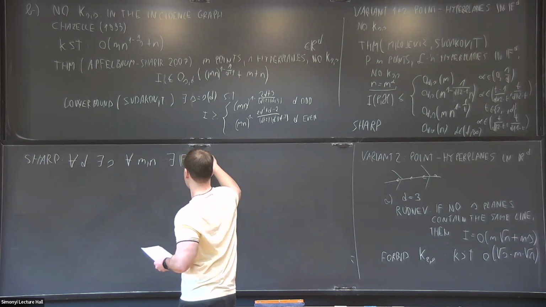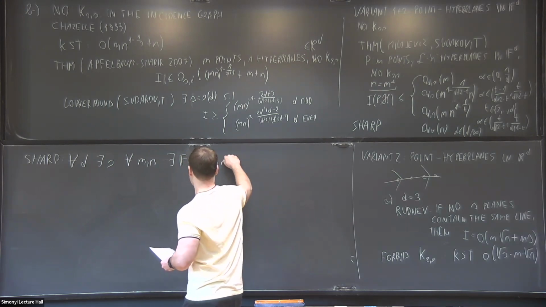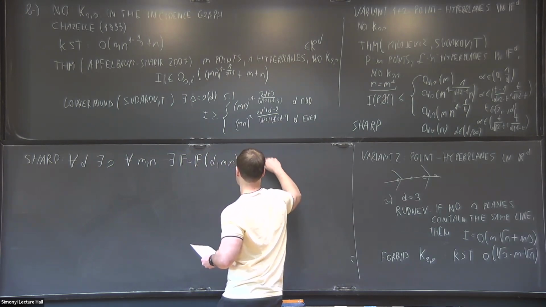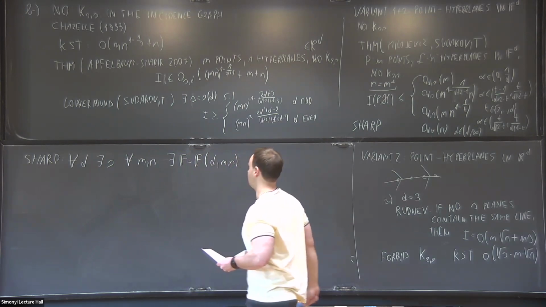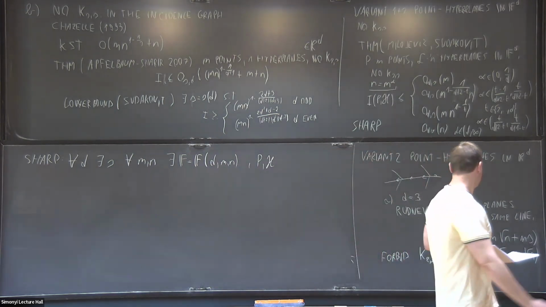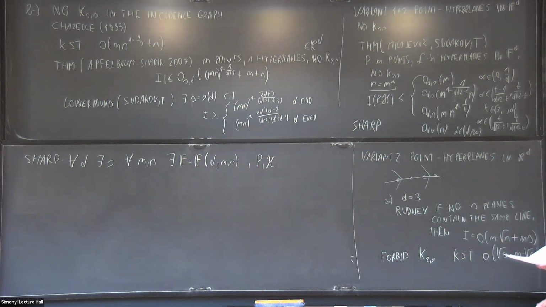So f will depend on the dimension and m and n, and there exists this point set and set of hyperplanes which achieves this bound. In some sense, this is the kind of easy answer for higher dimensions, but no, it's not that easy just to apply a curvature theorem.